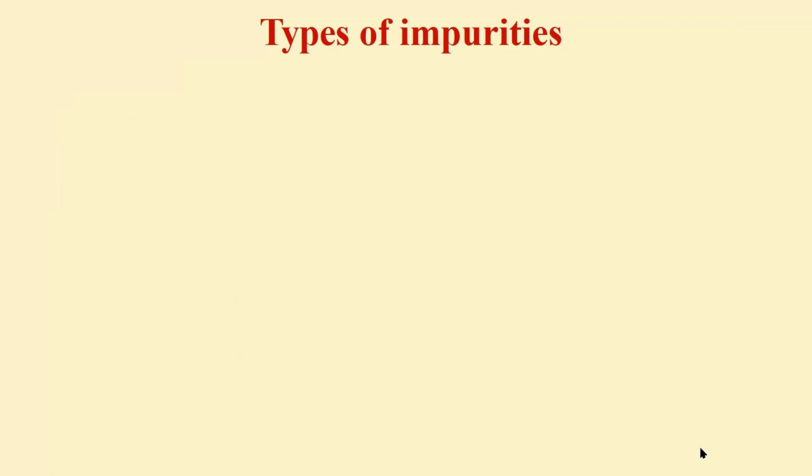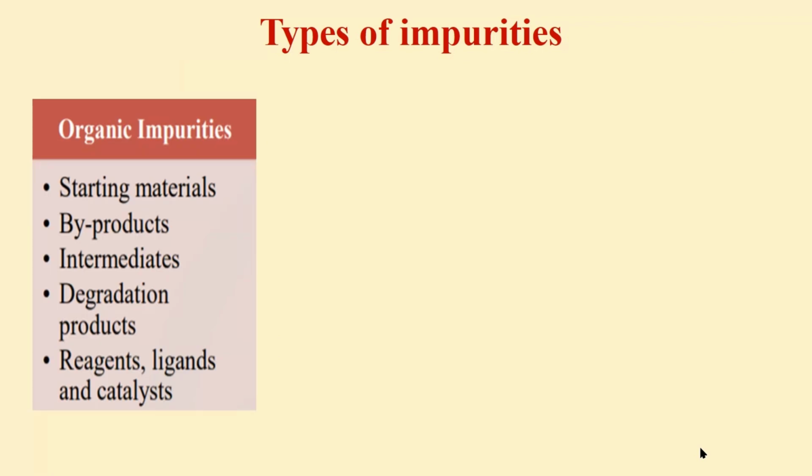Let us look into the types of impurities we come across in pharmaceutical products. The first type is organic impurities. As the name indicates, they are of organic nature. They may be organic molecules. Organic impurities include the starting material. If the starting material is not completely converted to the product, it remains in the product and can act as an impurity.